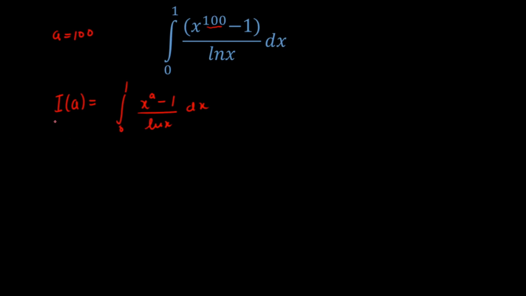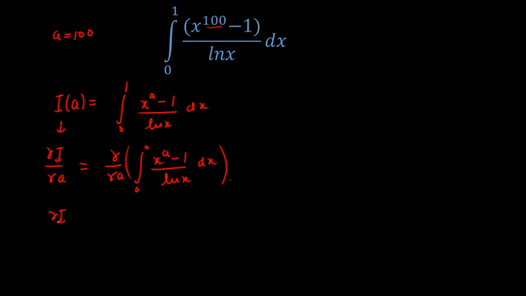So the first step is, I'm going to differentiate on both sides with respect to a partially. So I'll get ∂I/∂a is equal to the differentiation of this with respect to a, of the integration from 0 to 1 of (x^a - 1) upon ln of x dx. Now I'll take this differentiation inside because the denominator is purely dependent on x. I want to differentiate the term which is containing a.